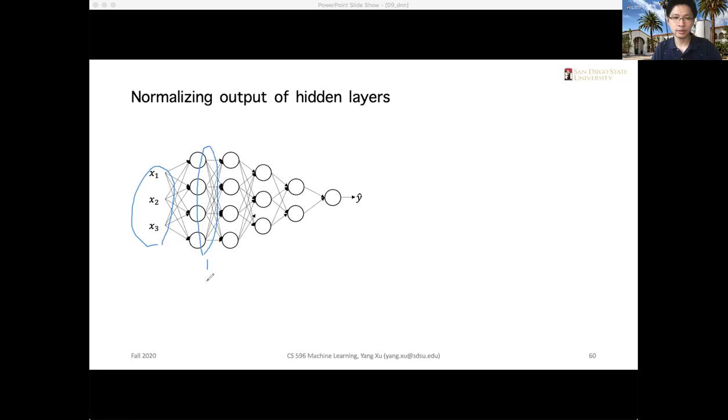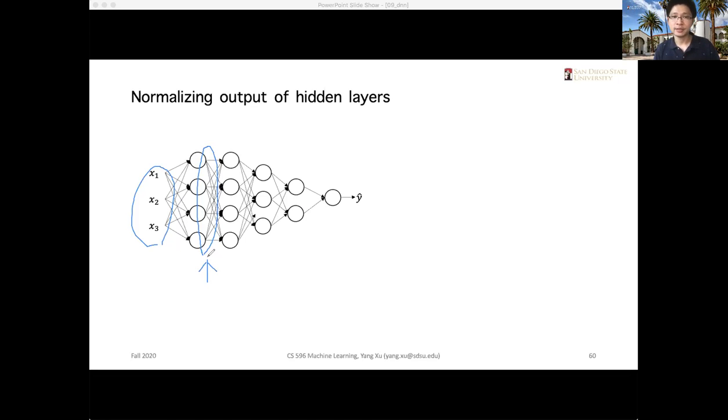Because we can also treat the activations from the first hidden layer as inputs. If we use ReLU activation functions, these activations are not bounded. The ReLU function on the right half is not bounded between 0 and 1. It could be any number. It could be very large. It could be 0. Anyway, it's not normalized.